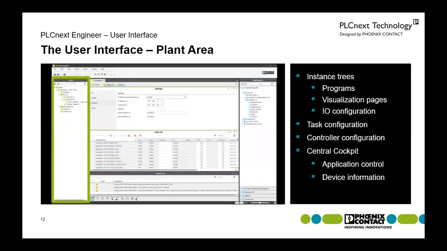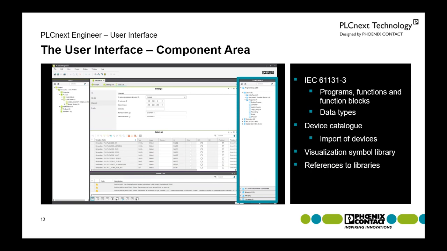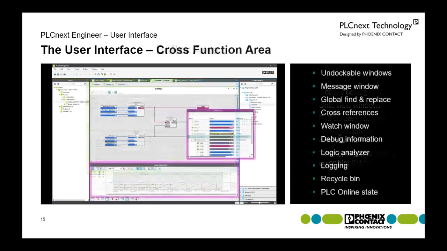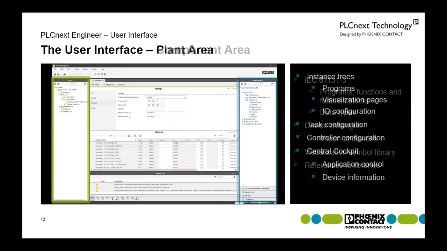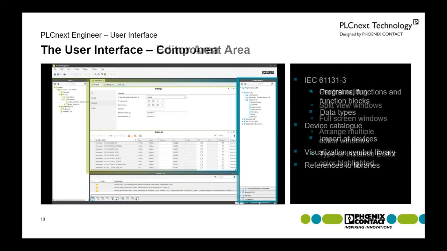So again, plant area, and you have components area, editors, and cross functions. Okay, so if you split the software that way, it's pretty easy to navigate through it, and it should be pretty easy to understand.